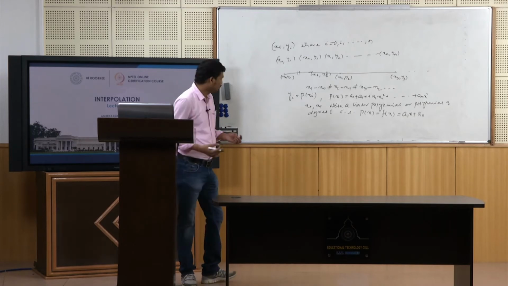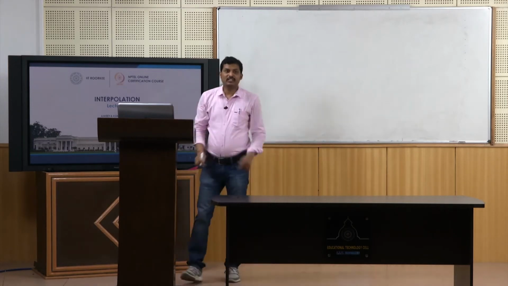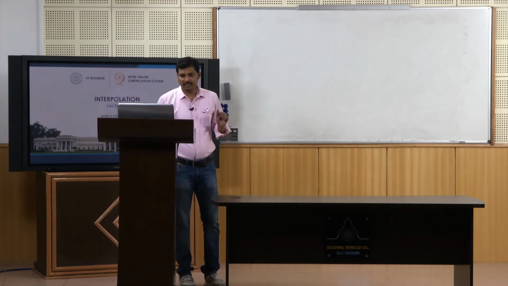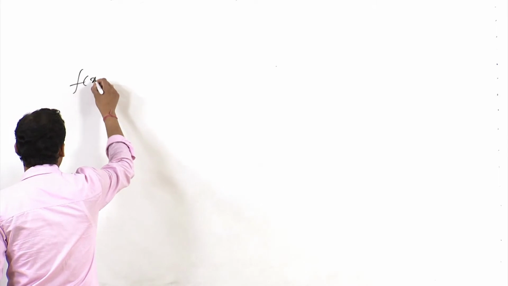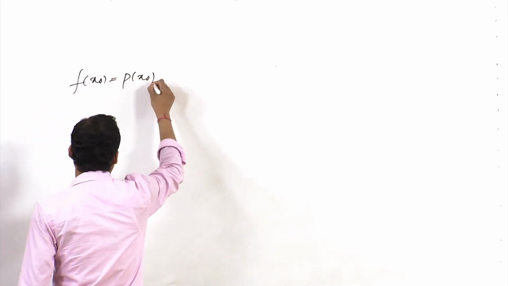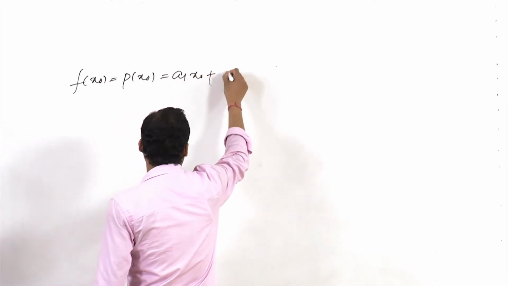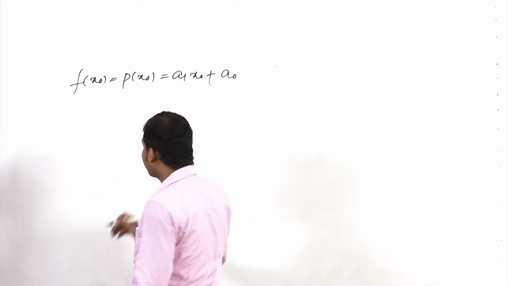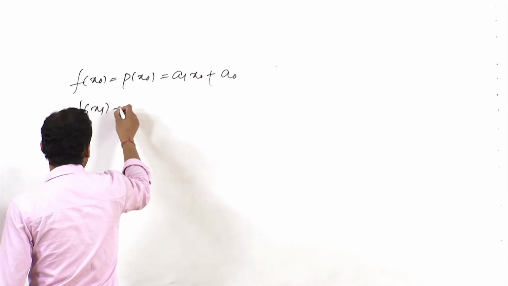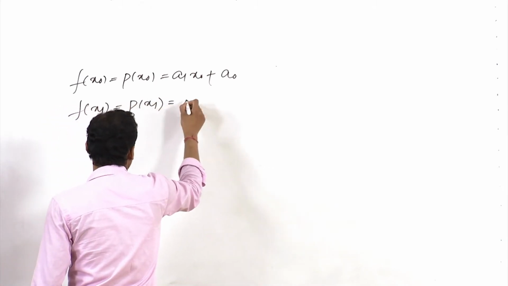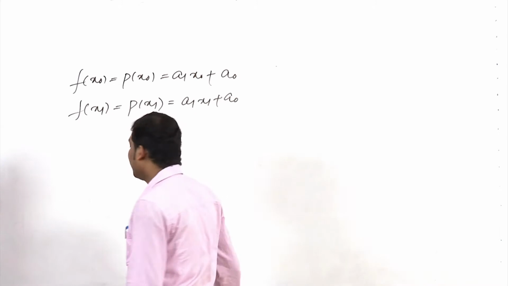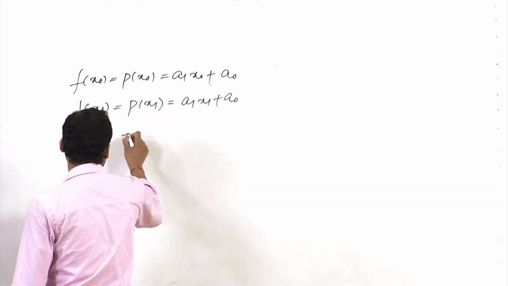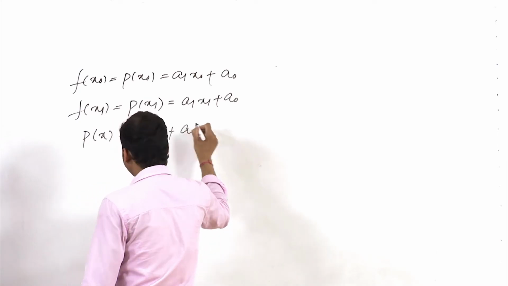So we can write p of x equals a1x plus a0, where a0 and a1 are arbitrary constants which satisfy the interpolating conditions, that is f of x0 equals p of x0 as a1 x0 plus a0 here. Similarly, we can write f of x1, that is p of x1, equals a1 x1 plus a0, and our original form of the equation is p of x equals a1 x plus a0 here.